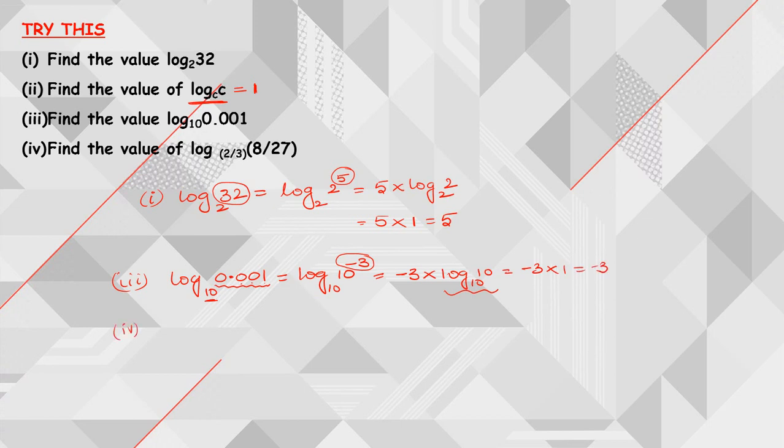Next, moving on to question number 4. Logarithm of 8 by 27, so it is given as 8 by 27 to the base 2 by 3.